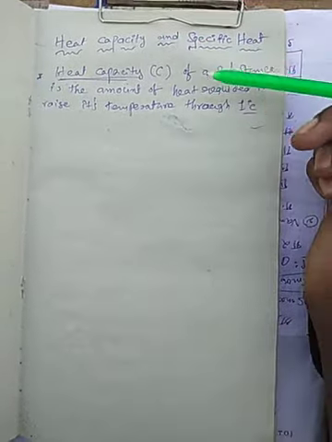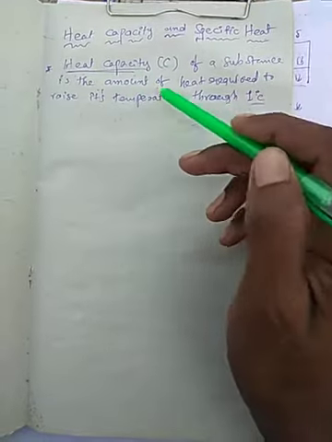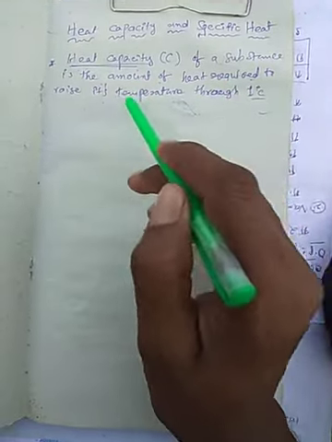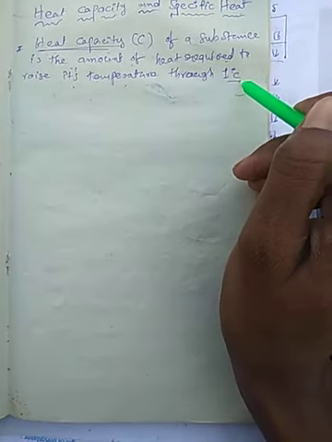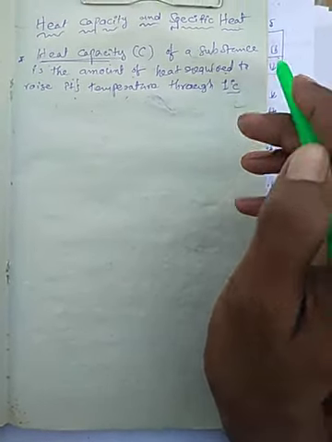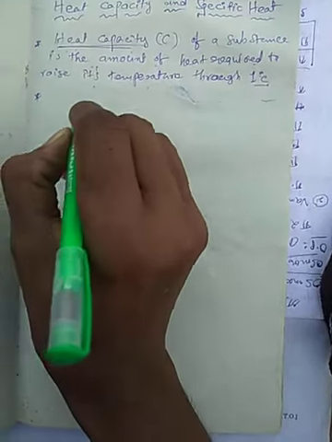I am going to repeat it. The heat capacity of a substance is the amount of heat required to raise the temperature by 1 degree Celsius, known as heat capacity.